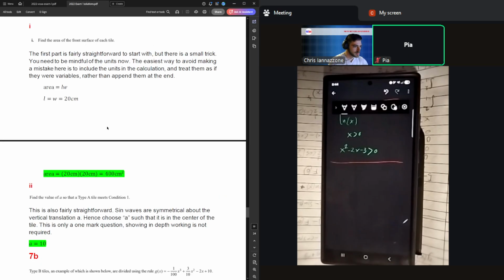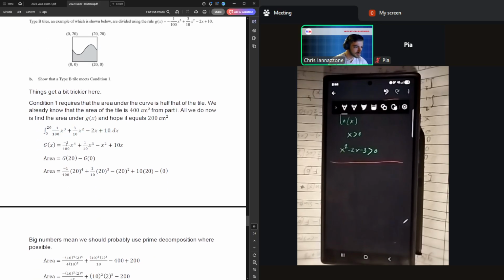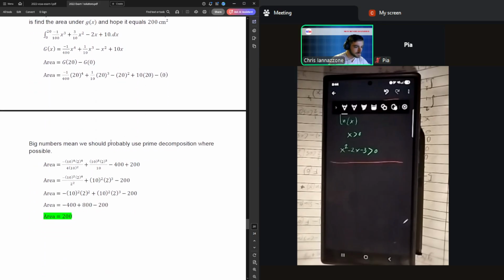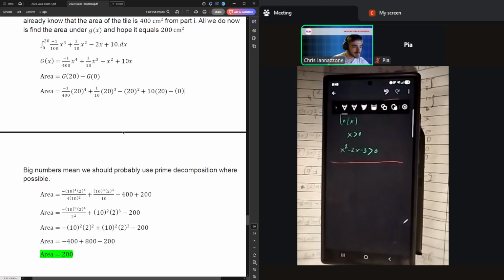Okay, cool. So what that looks like is this. You've got this big nasty integral, antidifferentiate it, so the cubic becomes a quartic, capital F of top minus capital F of bottom, and then eventually you're just going to get a number of 200. Now, you do have these big nasty numbers in here, and that does become quite time consuming.